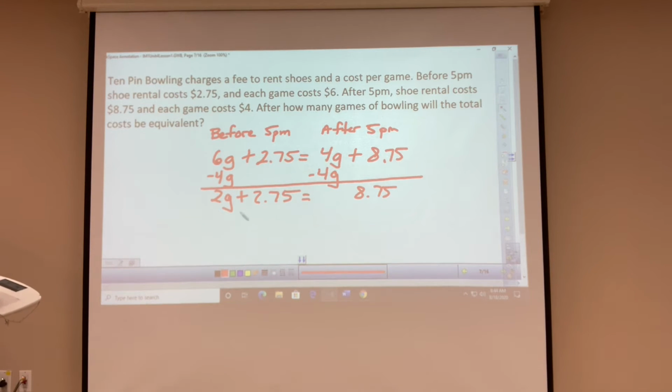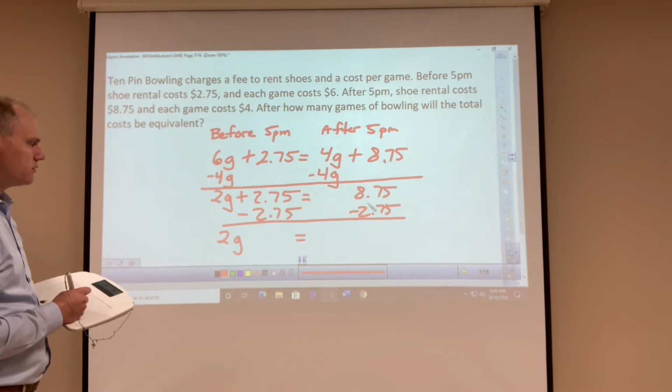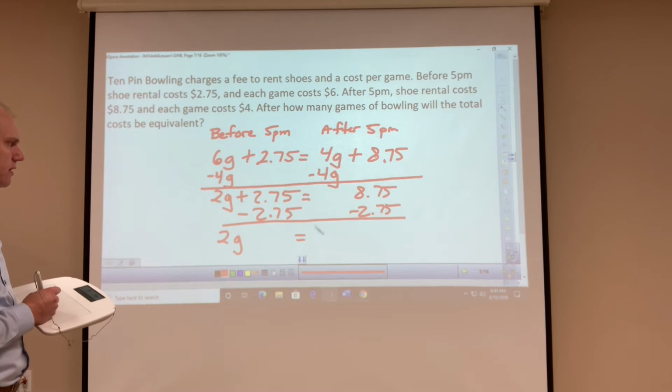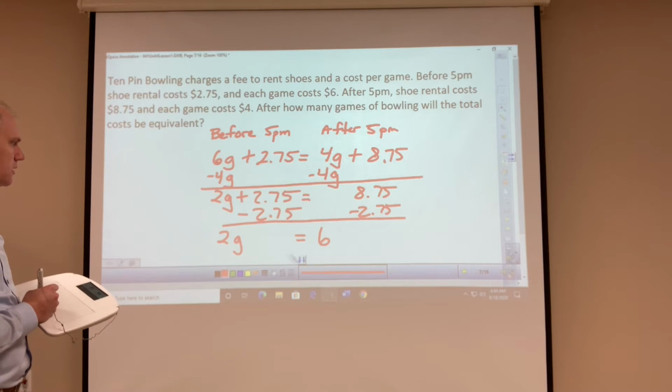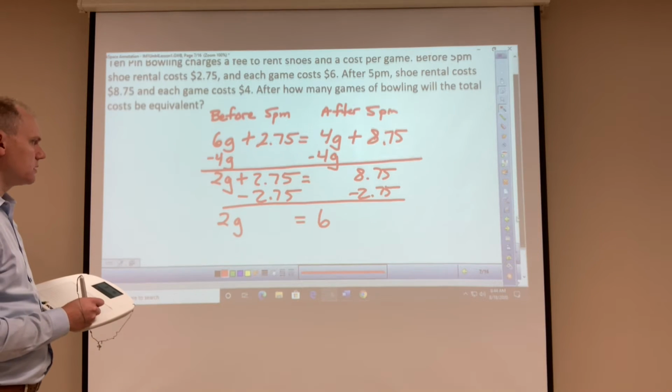Okay. From there, we can subtract 2.75 from both sides. That's going to leave us with just 2G equals, this is because this is 0 here, 8.75 minus 2.75 would be 6. So 2G equals 6.